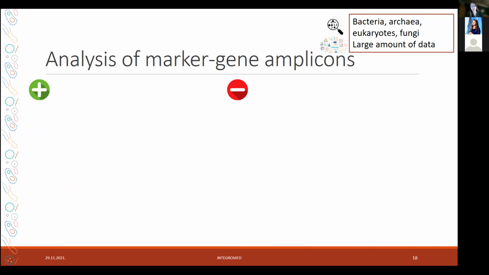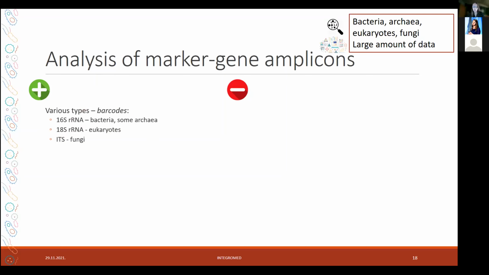Next is analysis of marker gene amplicons. I would say that this is currently still the most used method for human microbiome and, I think, other microbiome analysis. We have various types of barcodes that can be used for this: 16S rRNA for bacteria and some archaea, 18S rRNA for eukaryotes, and ITS for fungi.